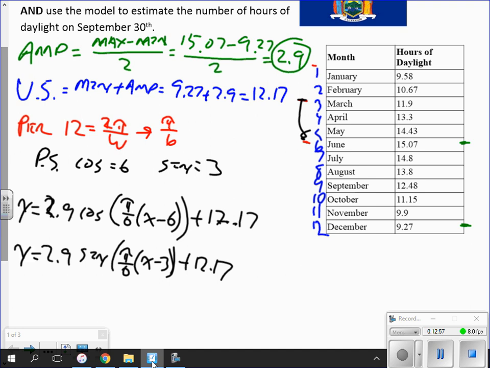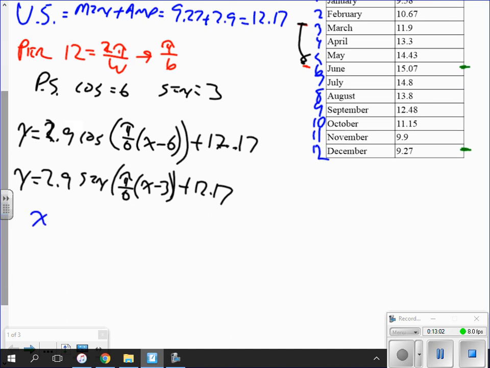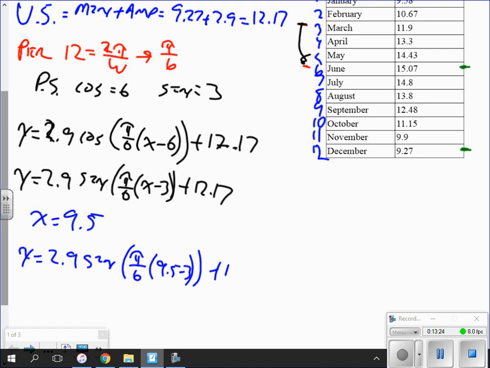So what do we do? We let x equal 9.5. And you take either one of those two equations and plug in 9.5 for x. y equals 2.9 sine of pi over 6 times 9.5 minus 3, plus 12.17.